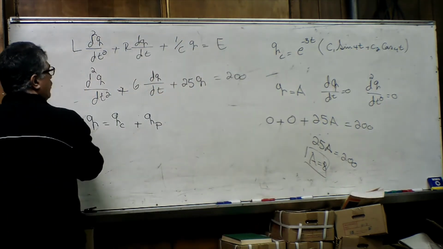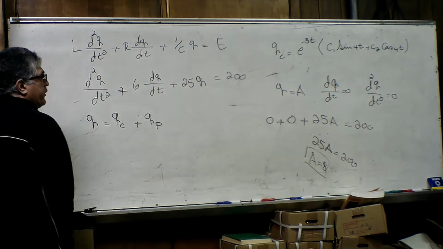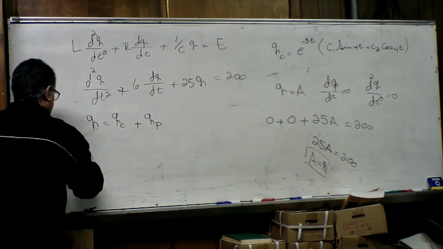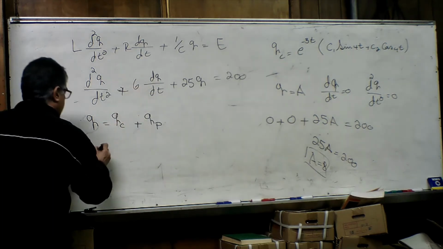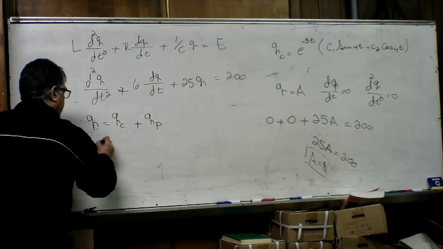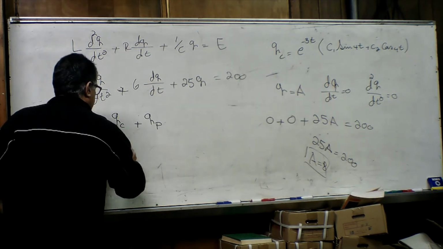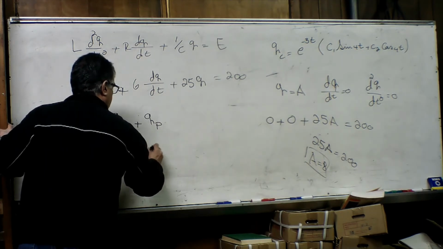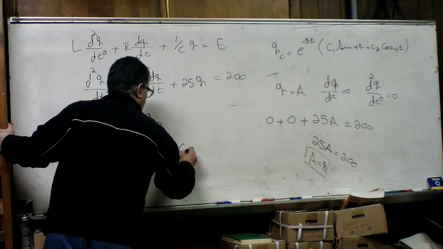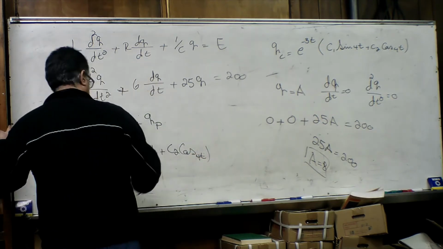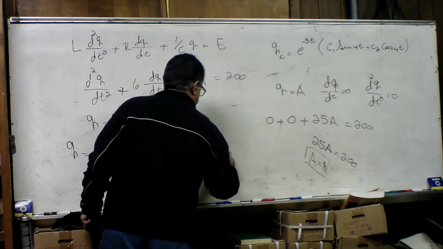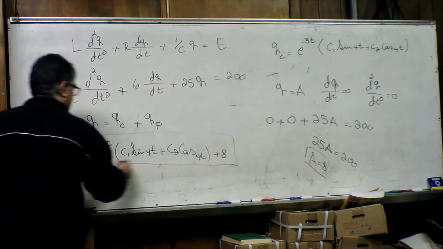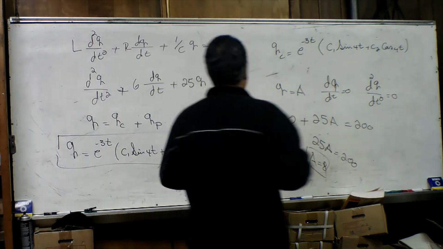So the general solution for this non-homogeneous differential equation will be QC. So our general solution will be QC, which is e to power minus 3t times C1 sine of 4t plus C2 cosine of 4t plus 8. So this is our charge.